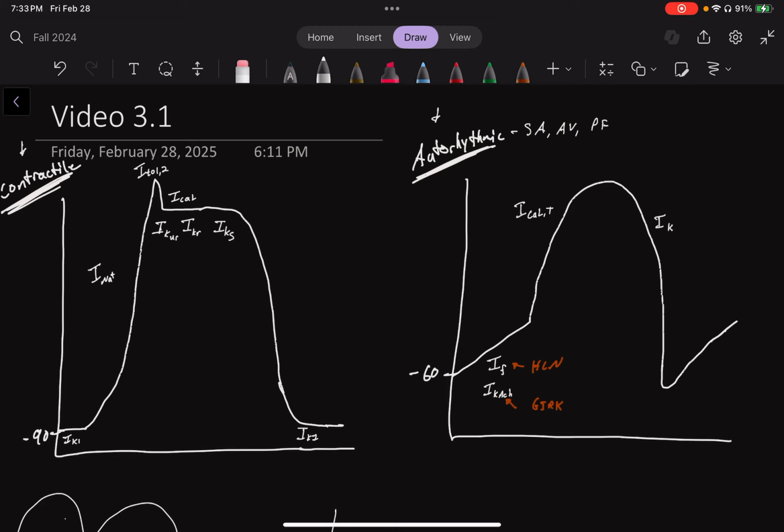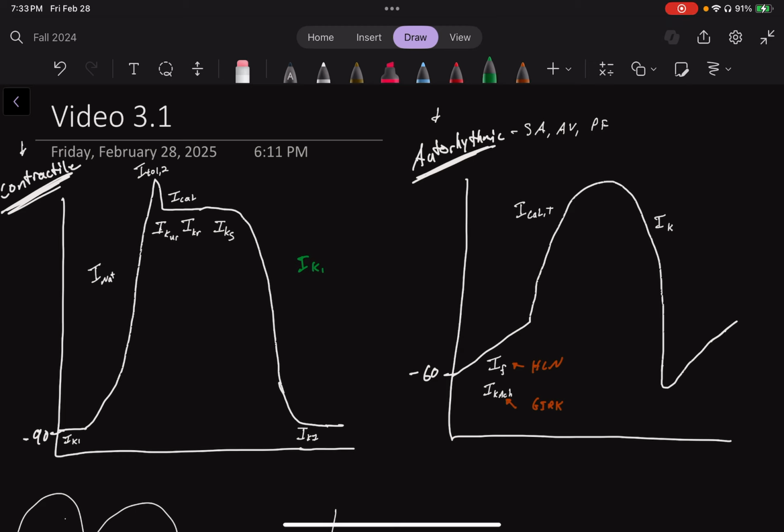Now, the action potentials for heart cells look quite a bit different than the ones from neurons, and this is because of some unique channels that cardiac cells have, which serve special purposes. For contractile cells, the unique channels are IK1 channels.